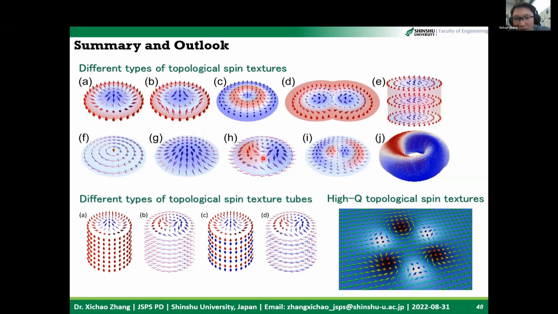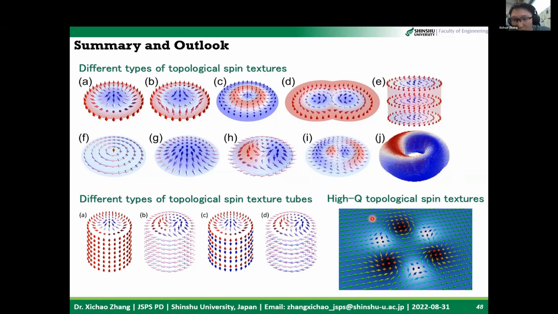So in the future, I think it is important to explore the possibility of using other types of three-dimensional topological spin textures in spintronic and electronic devices. So it is also very important to study the fundamental physical properties of different three-dimensional topological spin textures, such as the different types of skyrmion strings and the bimeron strings.